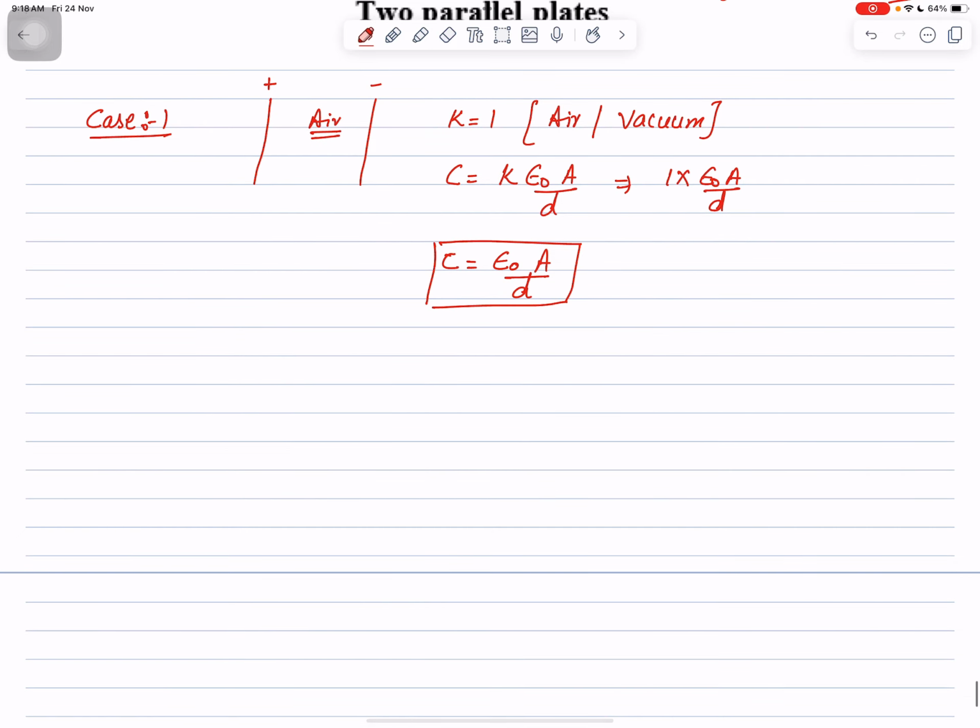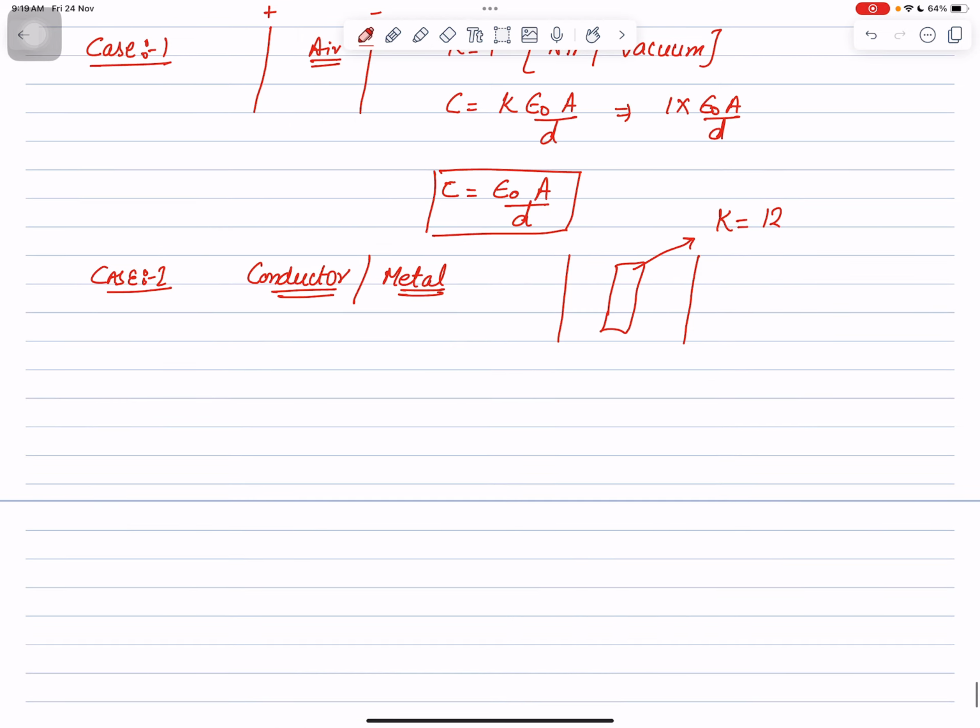In case 2, if they change the medium, let's say there is a conductor, or a metal, in between the plates. These are the plates and I place a metal plate here whose dielectric value is 12. Then what will happen?